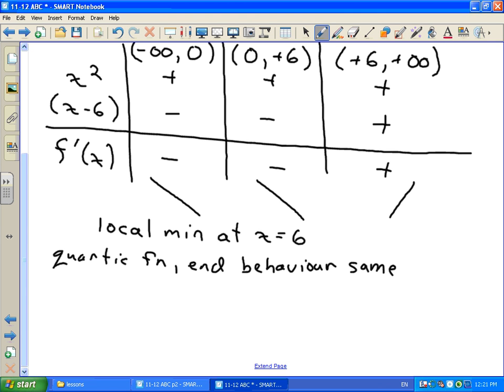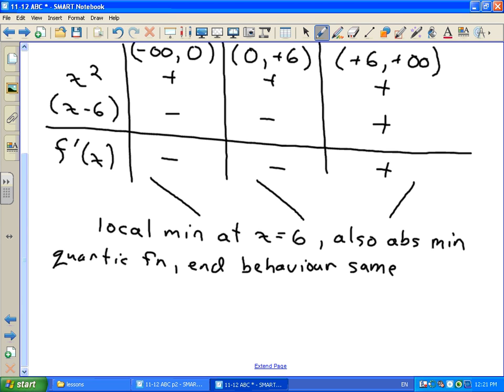So what does that tell us about our local minimum? If we've got a local minimum here, and our end behavior has to be the same, this local minimum is also our absolute minimum, okay? So we can say this is also an absolute minimum.